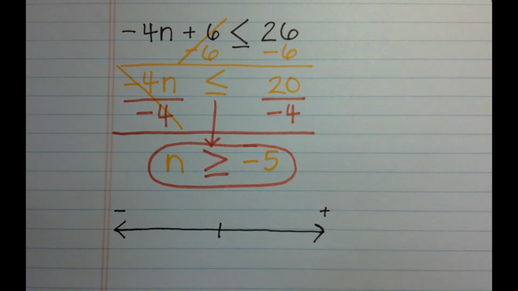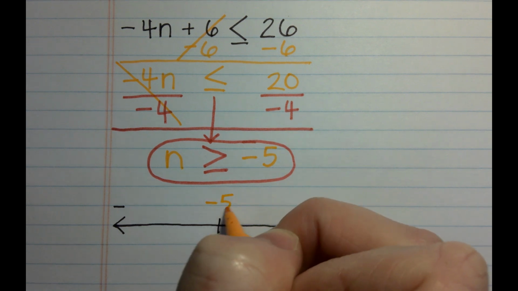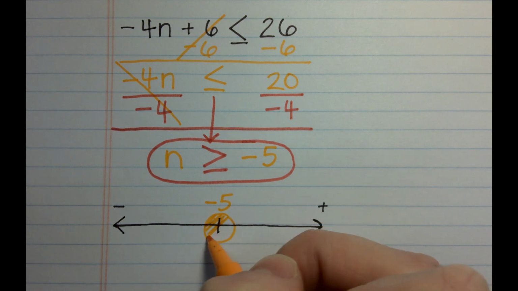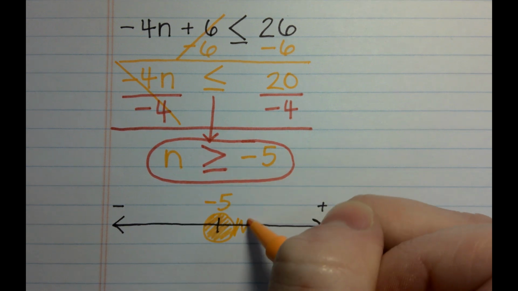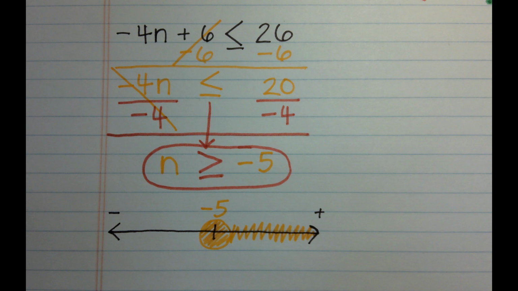Saves us a little time. So what does my graph look like? -5 on my tick mark. Circle it and close it, cover it up. And what direction? To the right. Now it's greater than. Perfect.